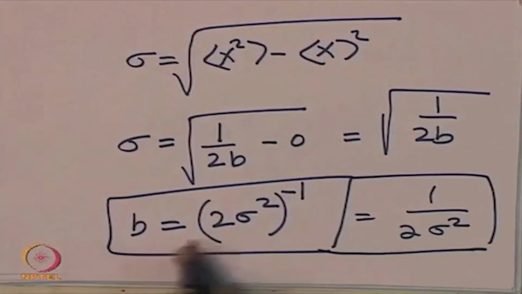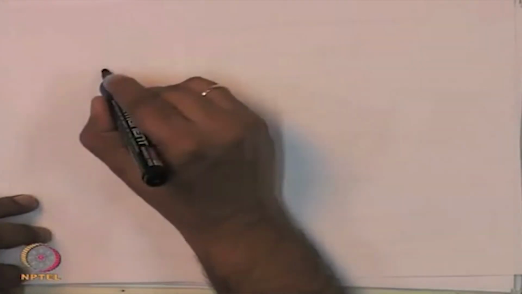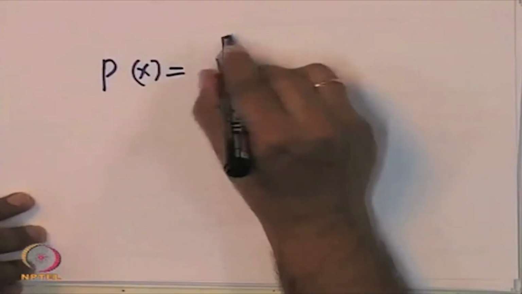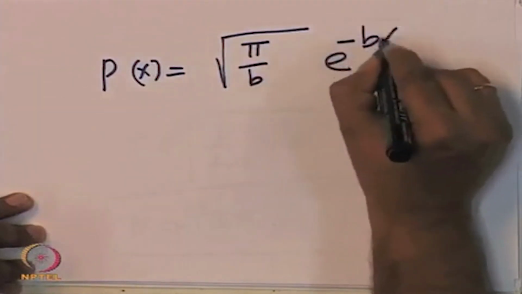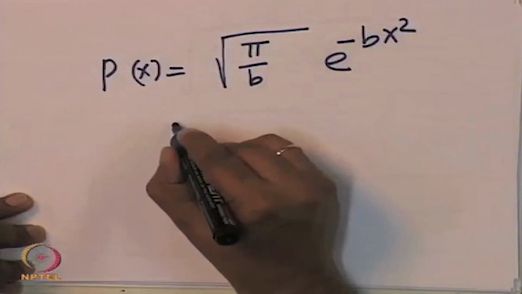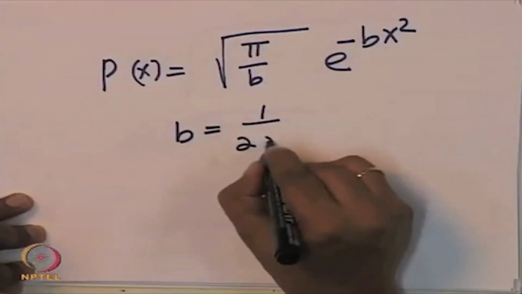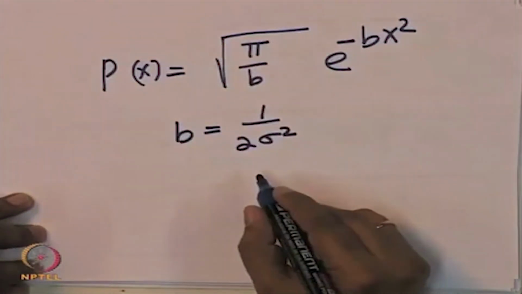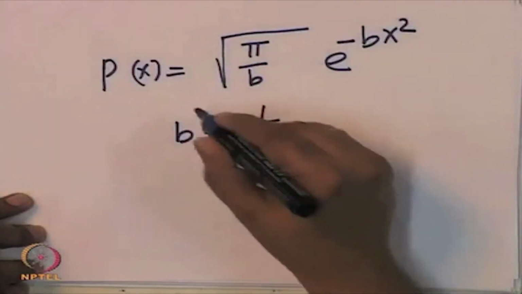Once you know the relation between b and sigma, we can look back at our function. What was P of x? P of x was root of pi by b e power minus b x square. Sorry, this is wrongly written.